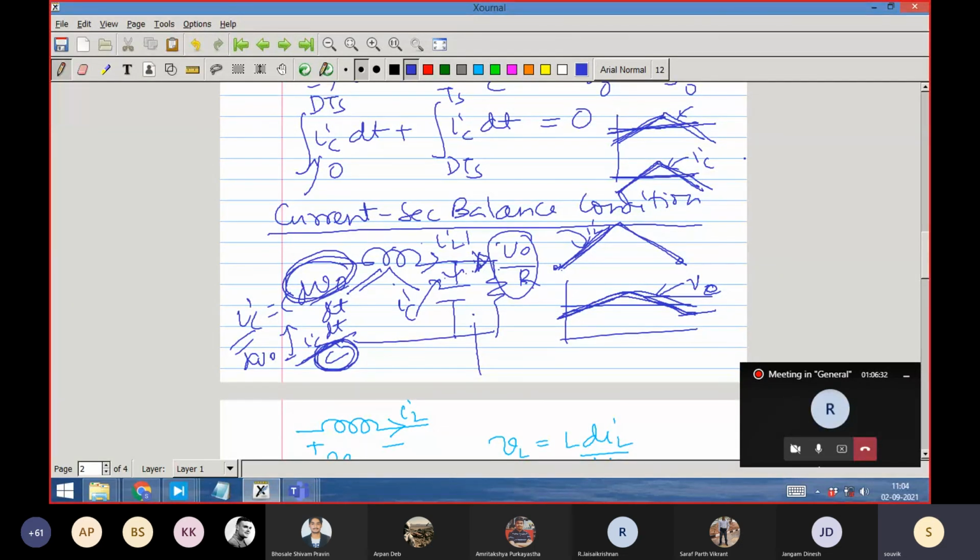That means whatever charge is going into the capacitor is coming out, so there is no movement in the capacitor voltage. If there is an unbalance, the capacitor voltage will either increase or decrease. But if the amount of charge you are giving in and taking out is equal, then there is no change in the capacitor.